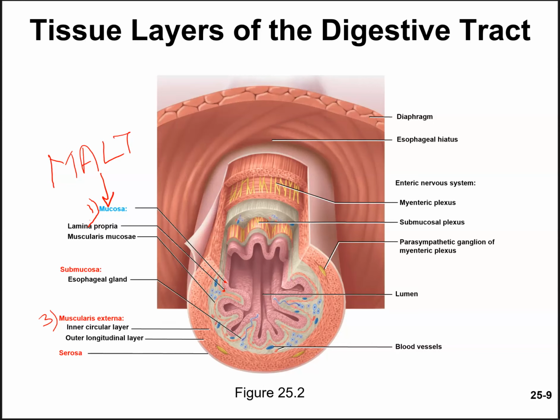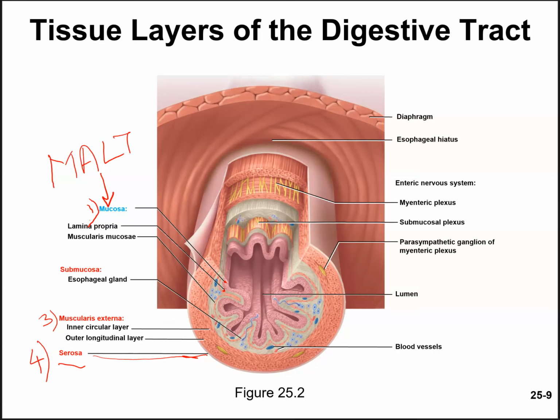And the last layer is known as the serosa. Now, the serosa is the 4th layer of the digestive tract, and it basically begins about 3 to 4 centimeters below the esophagus, and it runs all the way until before the rectum begins.